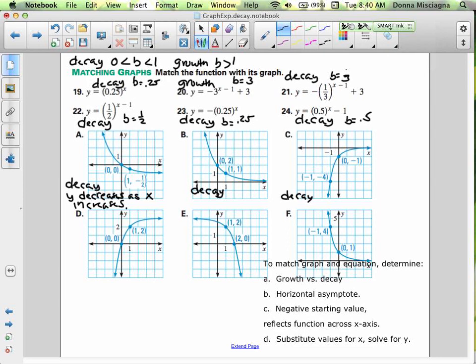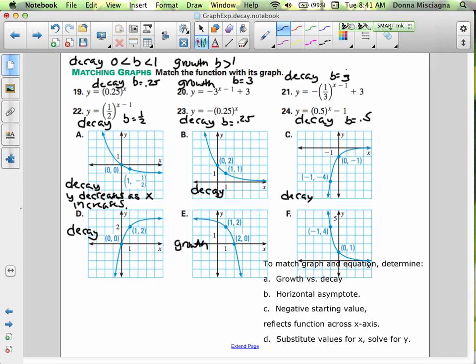How about D here, growth or decay? Decay. No, that one's decay. Because it's decreasing in the negative direction. The next one is growth. That one already has a match, right? Yeah.